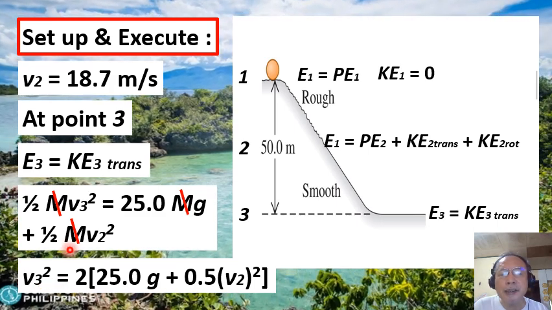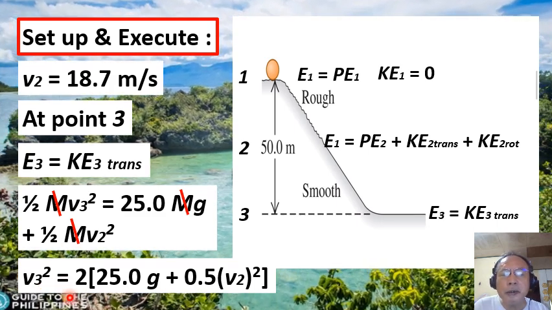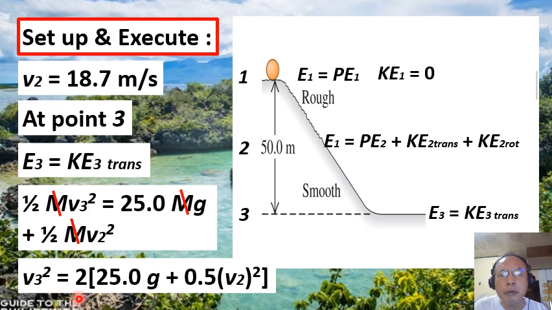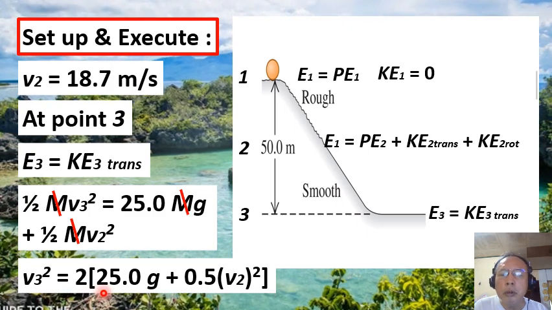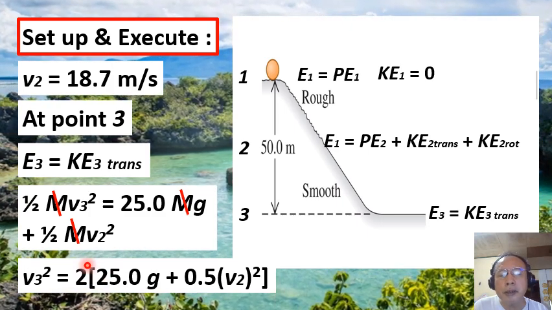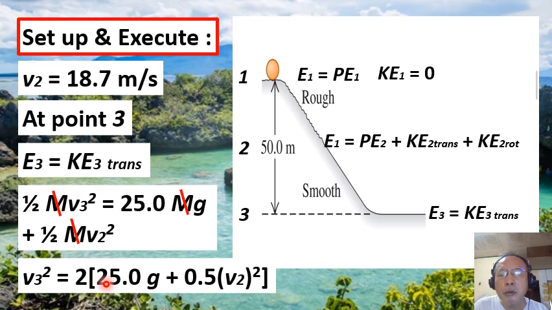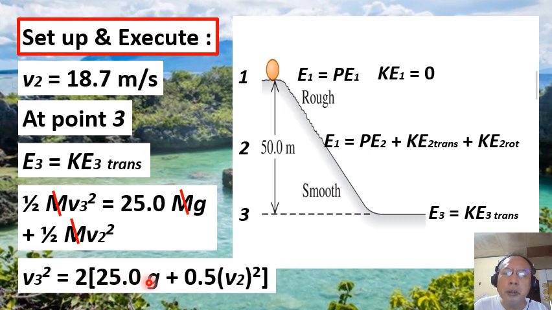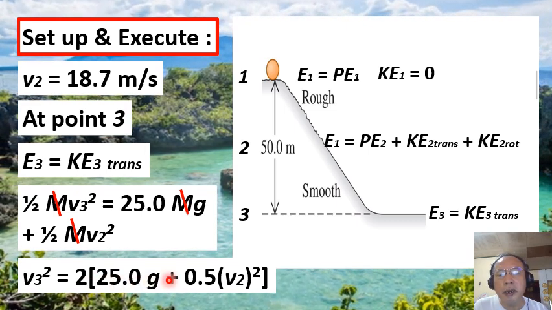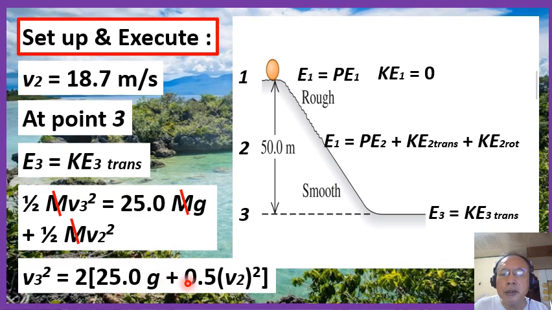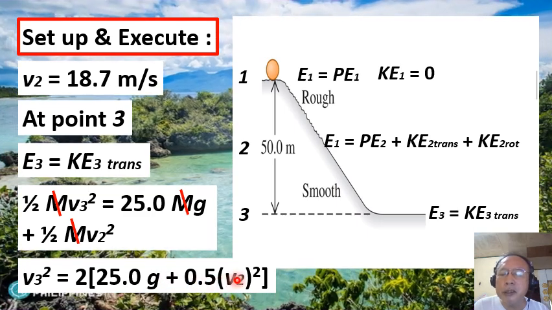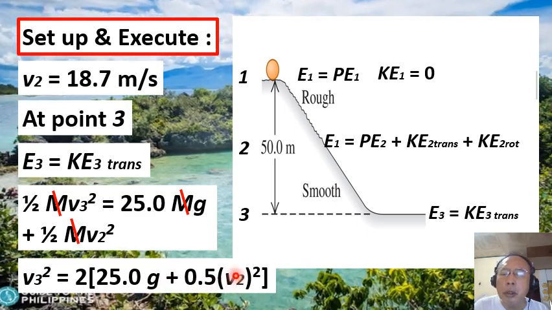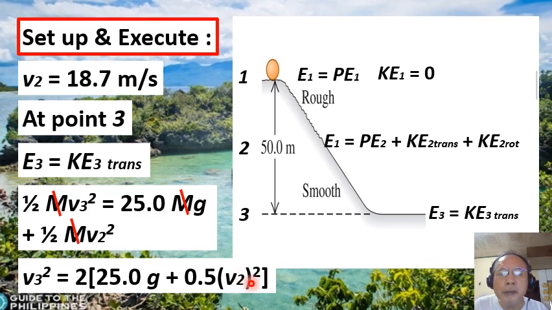So isolating v sub 3 squared, that makes it equal to 2 times, there's a bracket, 25.0 g plus 0.5 times v sub 2 squared.